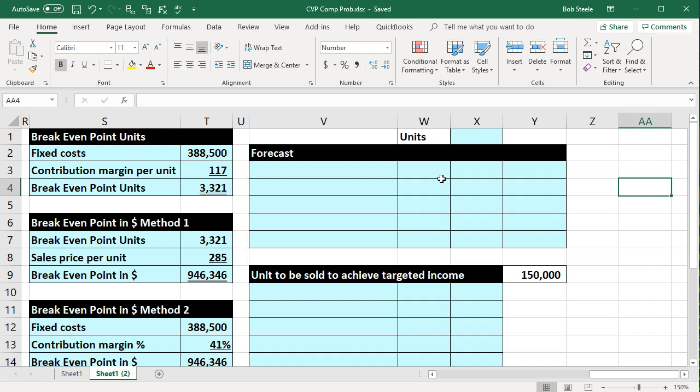Whenever you consider forecasting into the future, just remember that we're always looking at the last year's numbers, and then we want to consider any modifications to those numbers. So we've calculated our break-even point and our CVP analysis, the contribution margin per unit, sales per unit, variable cost per unit, all with prior time period numbers.